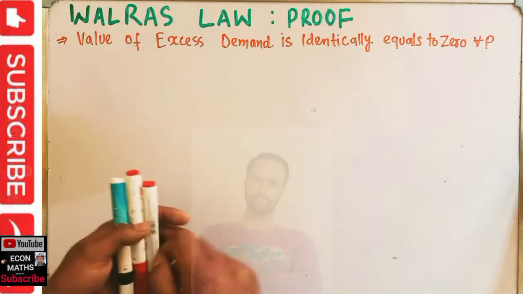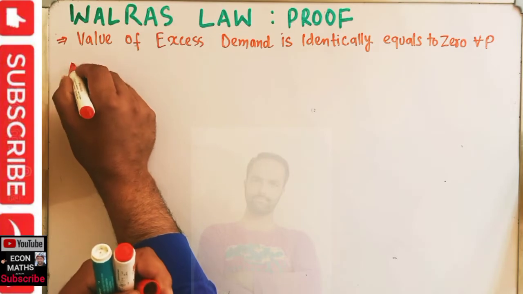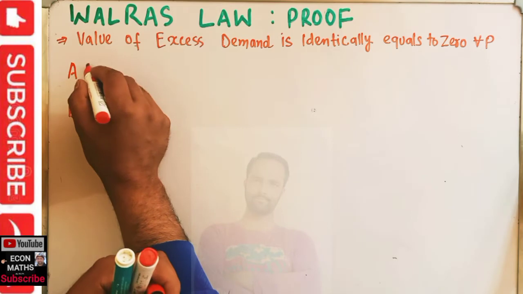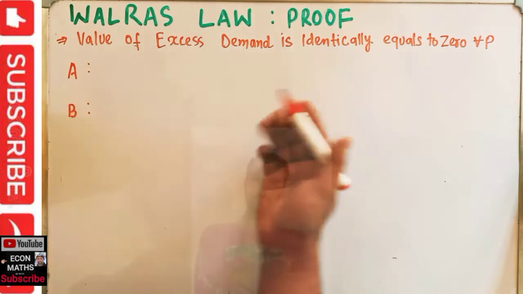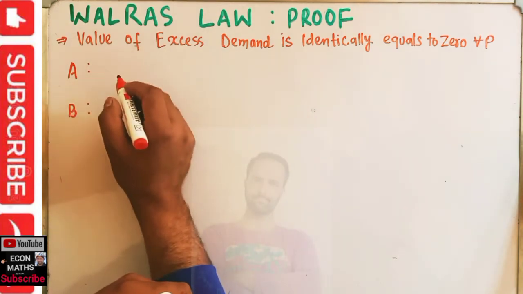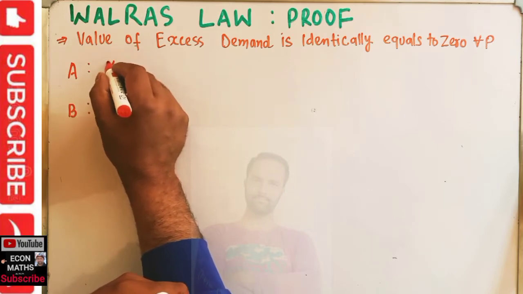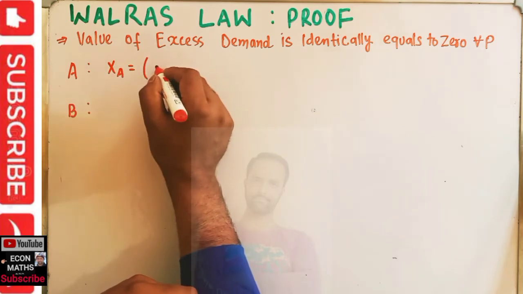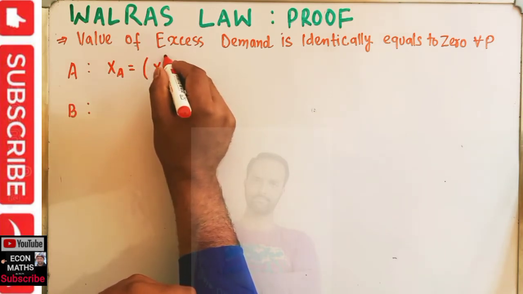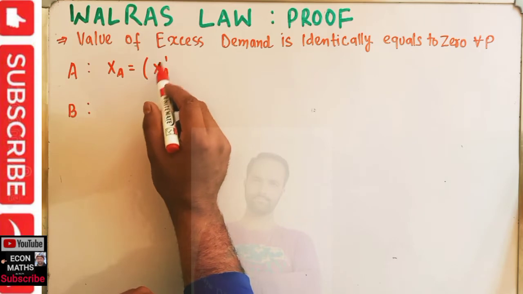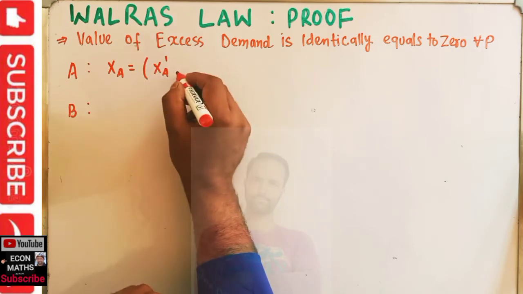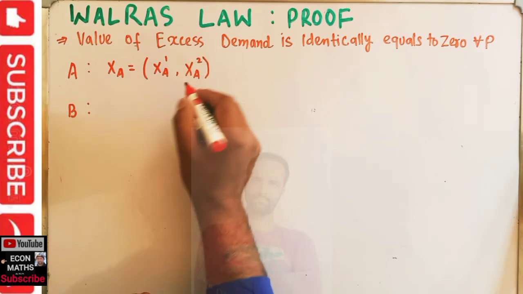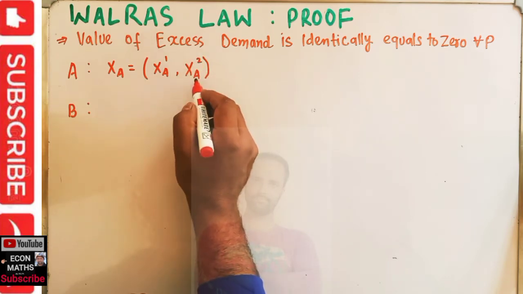Let us say we have two persons, person A and person B. We have two persons and two goods. Person A is demanding, let us say XA is the allocation or demand of person A. He is demanding XA1, that means units of good 1 person A is demanding, and XA2 means units of good 2 person A is demanding.